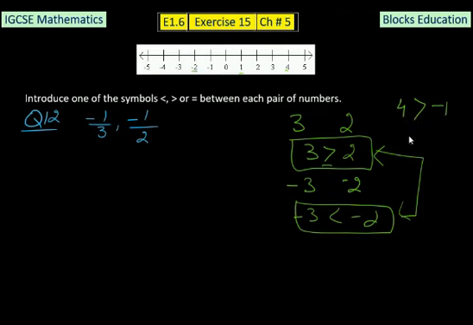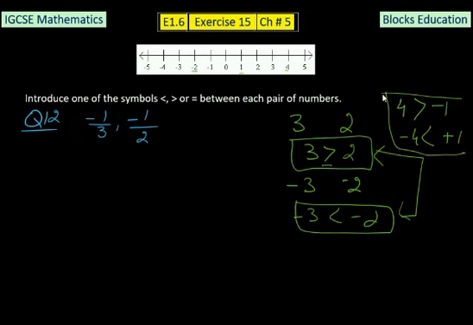But if you take the negative version of both, 4 becomes minus 4, and minus 1 multiplied by the minus becomes plus 1. Now things are different. Minus 4 is on the left side, plus 1 is on the right side. It means minus 4 is less than plus 1. So this is a very important rule for inequality.